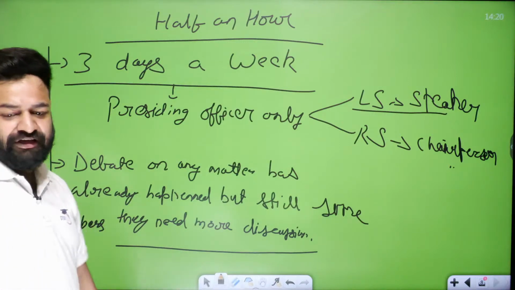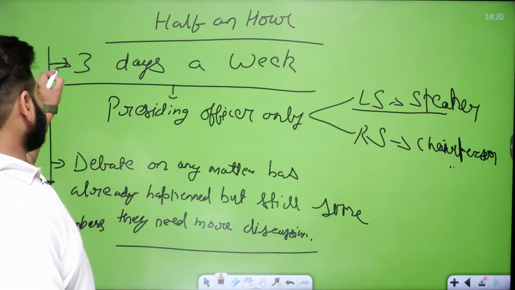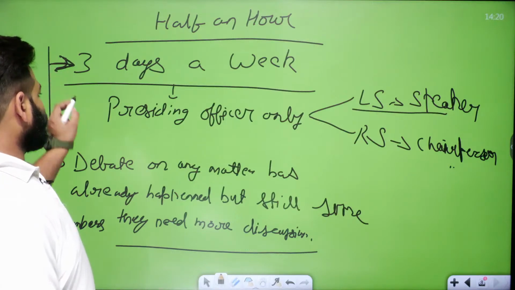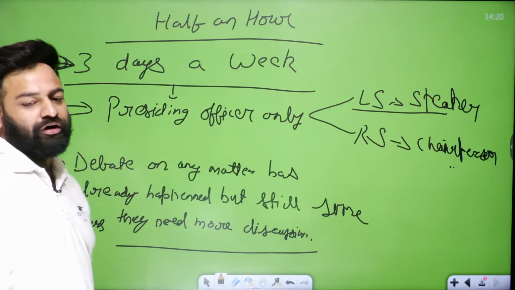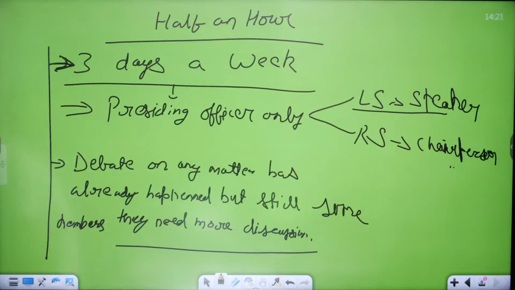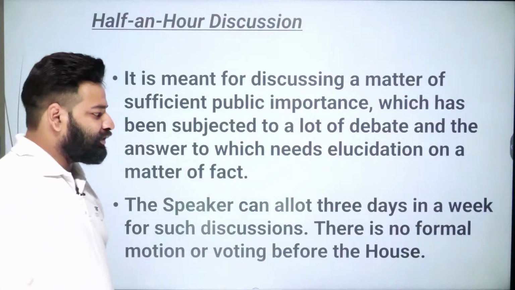How many days a week? 3 days a week. Who will decide those 3 days? It will be the presiding officer only. So this is what half an hour discussion is all about.